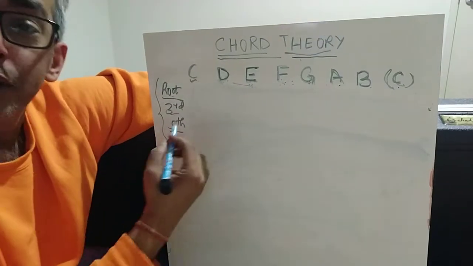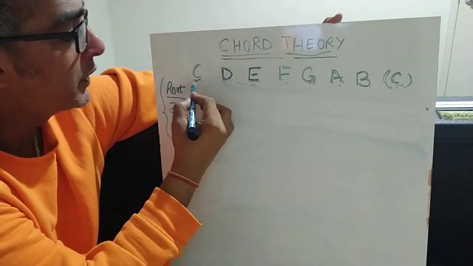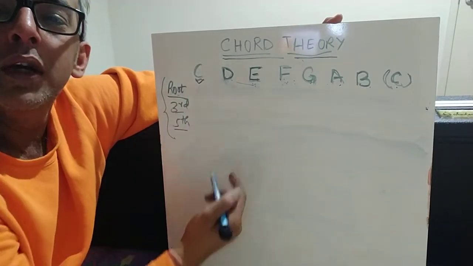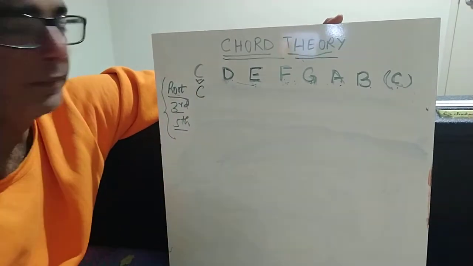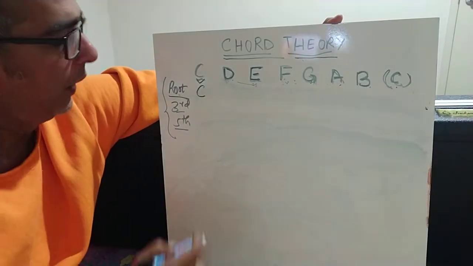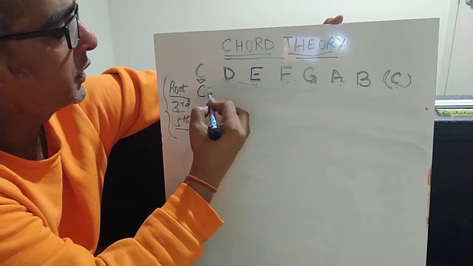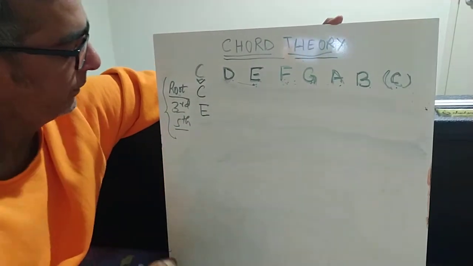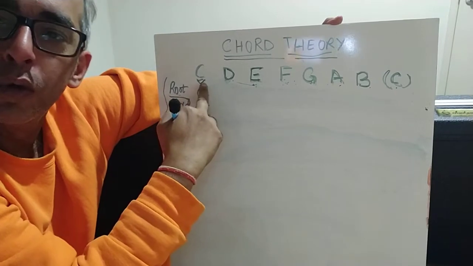Okay, so let's take example of our very first chord, which is our C. So in the C chord we will have our root note as C. Our third note will be third note from C, which is second, third, E, and a fifth note will be fifth from the root note.